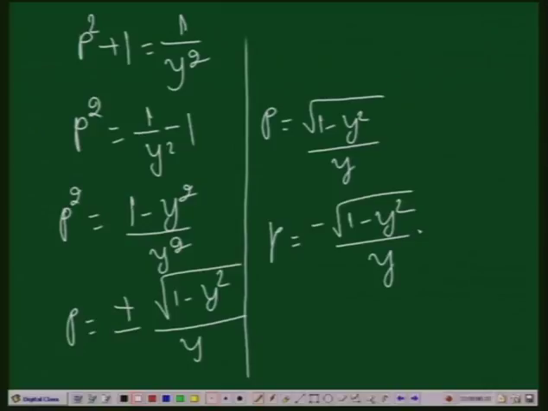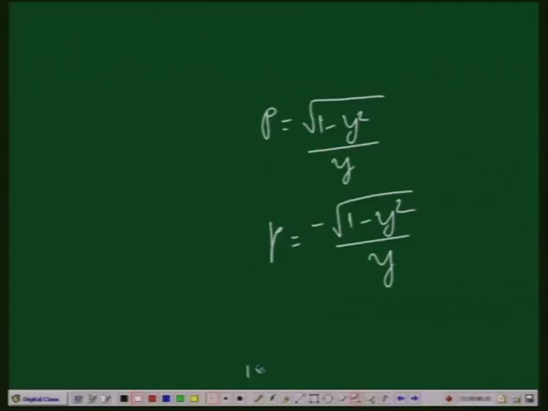Now, according to the rule, we have to solve this differential equation. Consider p equals root of 1 minus y square divided by y.